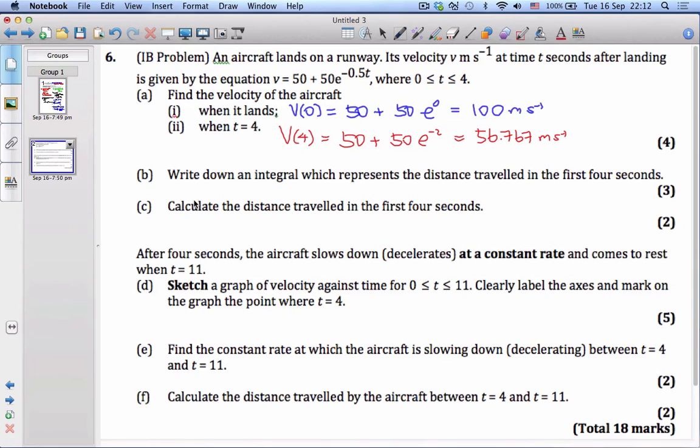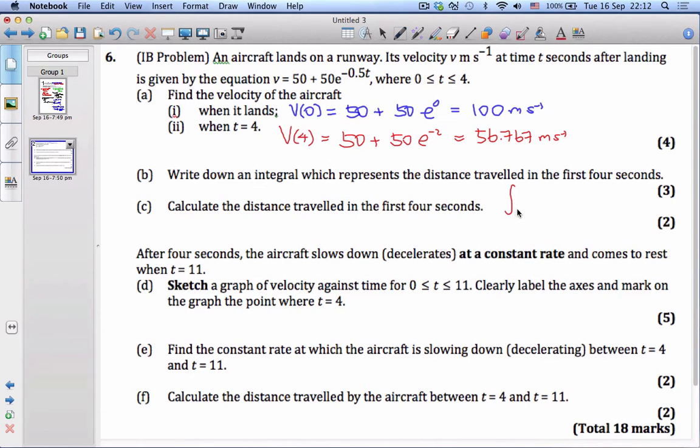Write down an integral which represents the distance traveled in the first 4 seconds. I know this is always positive, so I don't have to put absolute value signs, but you can.